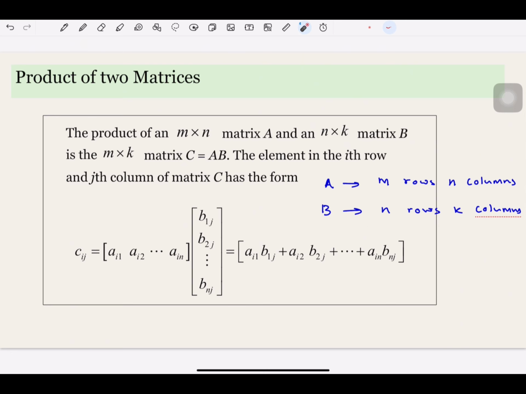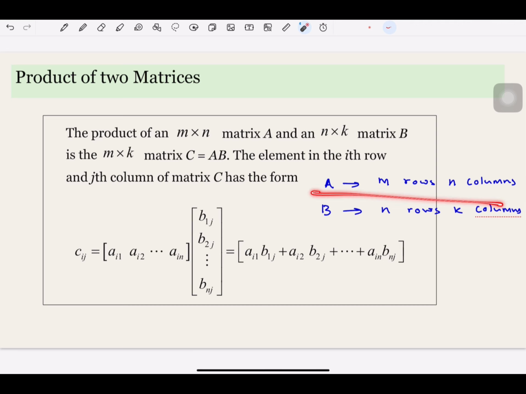So the next question is, what will be my result? We know that if you multiply a row by a column matrix, you get a single number. But here we don't have row matrices or column matrices. These are just full-size matrices.